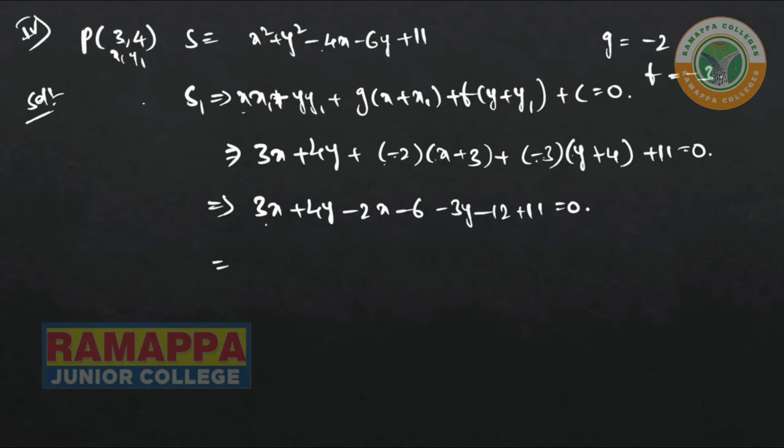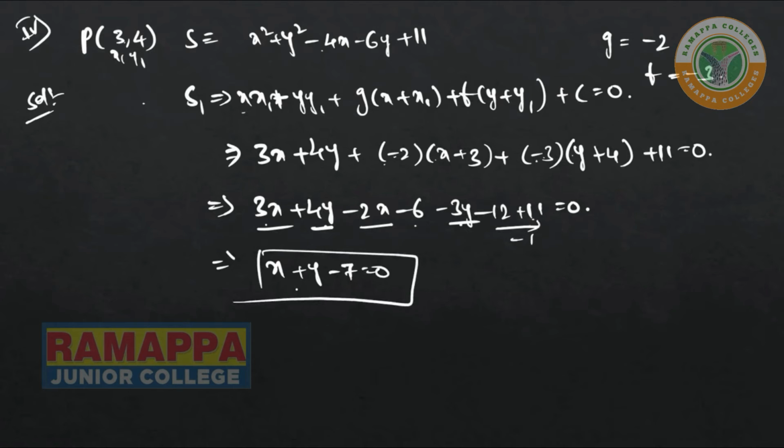Now 3x minus 2x is how much? x. 4y minus 3y is y. Minus 6 minus 12 plus 11 is minus 7, equal to 0. So this is the answer of the question.